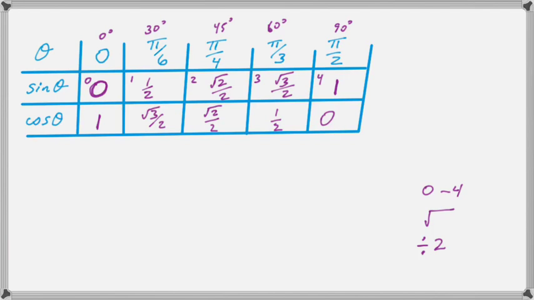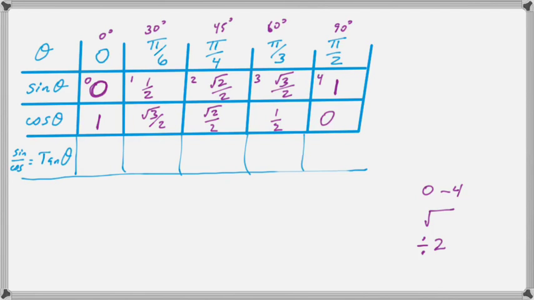Now, if I wanted to add something to this, I might realize that sine over cosine is tangent, and I could just add that to my table pretty easily. Tangent is sine over cosine. 0 over 1 is 0. I'm going to skip this. Anything in the middle, anything divided by itself is 1.